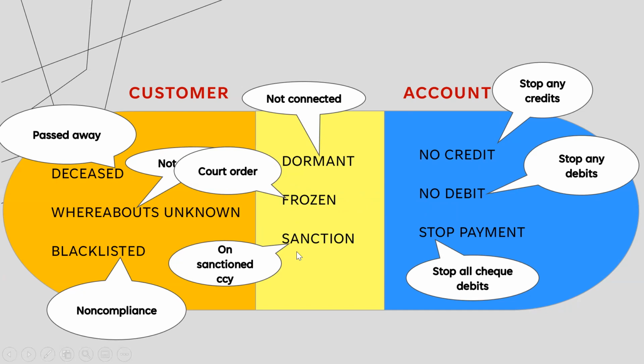And the last one is sanction. This is coming up in recent days. As we are all aware, the US always puts a sanction on some particular customers, some particular accounts, or some particular country, not to transact USD amount on those particular things.